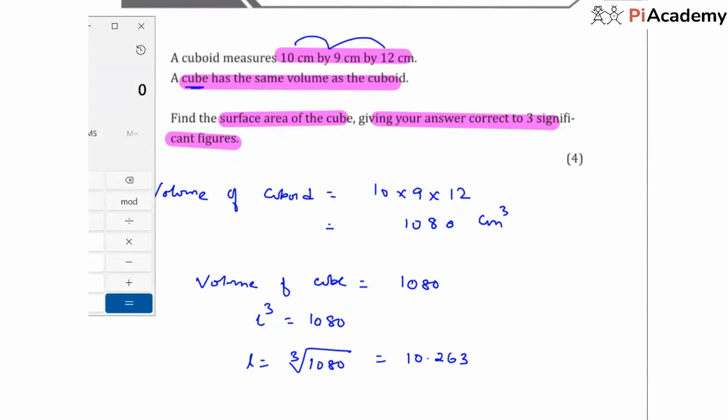Let's see, the cube root of 1080 is 1080 to the power of 1 divided by 3.